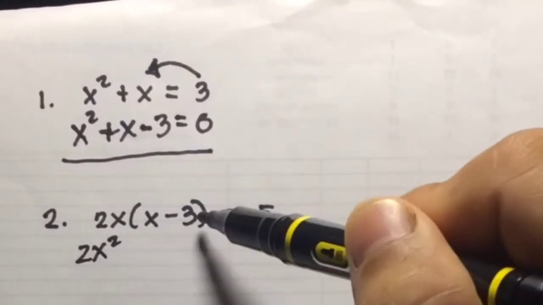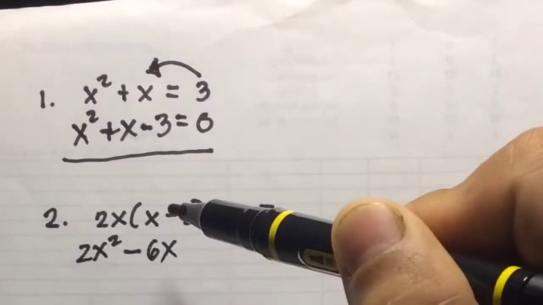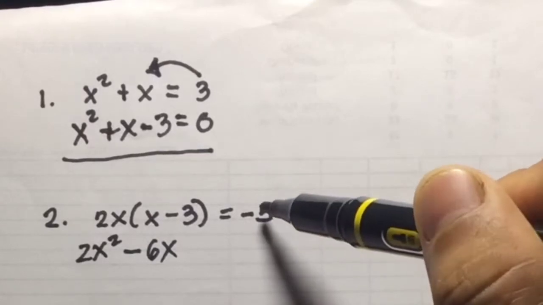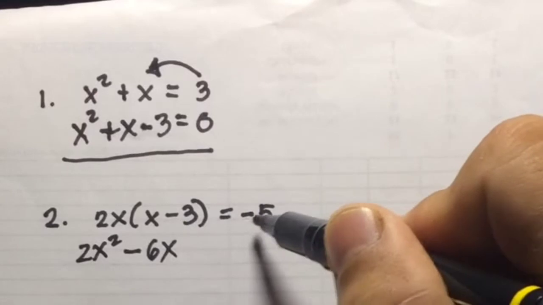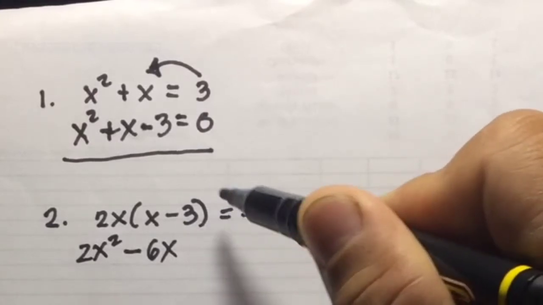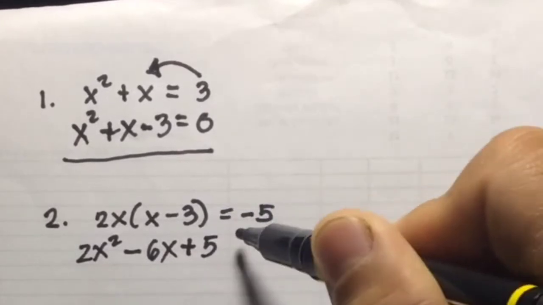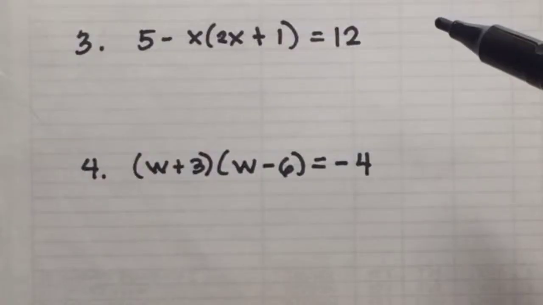Then 2x times negative 3 will be negative 6x. And on the right side, we're going to transpose negative 5 to the left side. So negative 5 transposed to the left side will become positive 5. Then this will be equal to 0.